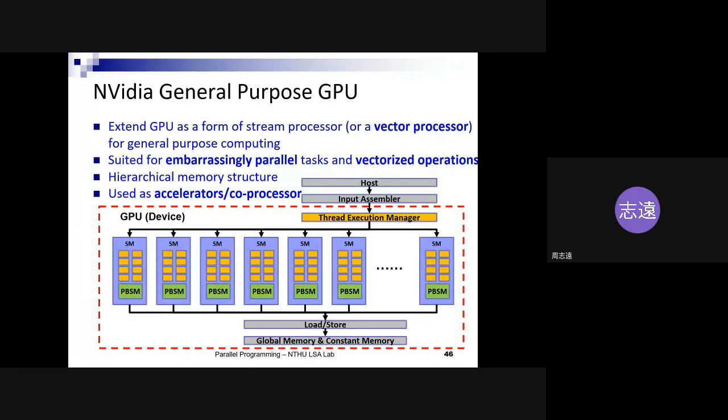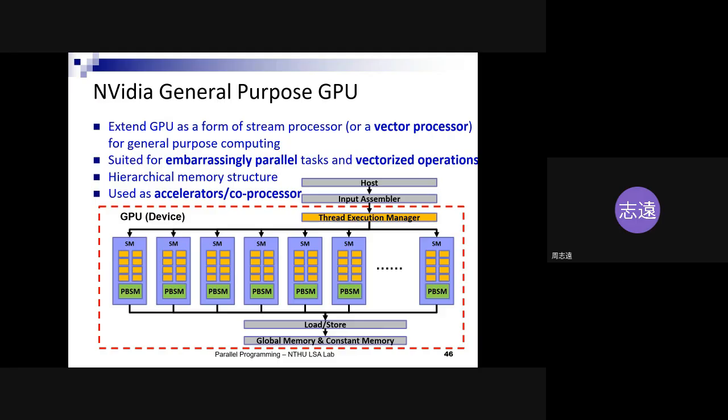Because within the GPU card you have so many cores, in order to manage and control those cores more efficiently, the hardware architecture is hierarchical. Those cores are grouped into streaming processors. So inside a GPU card, you have multiple processors called streaming processors, and each processor has many cores inside it.